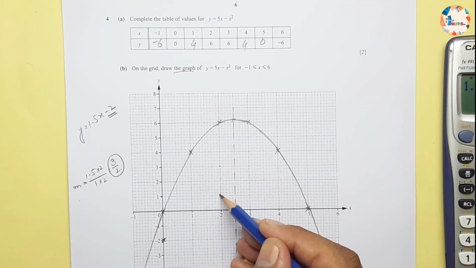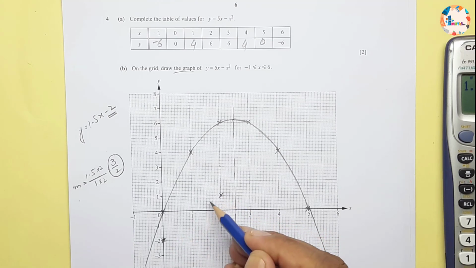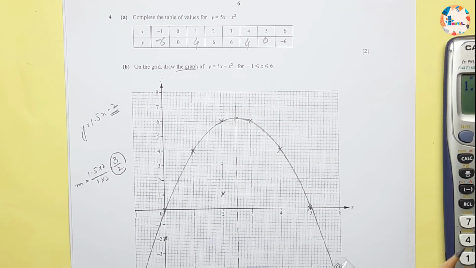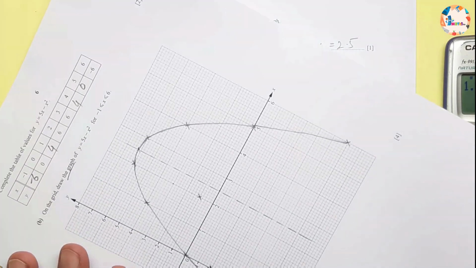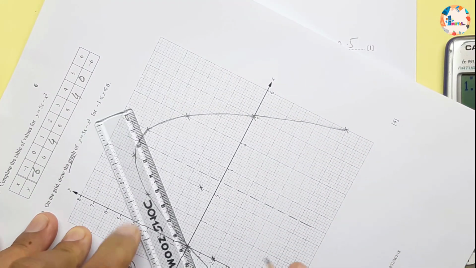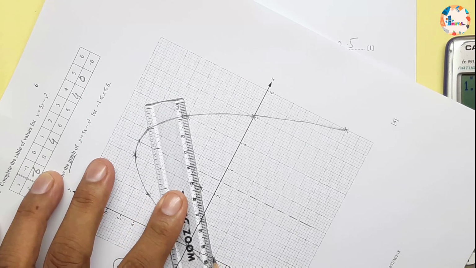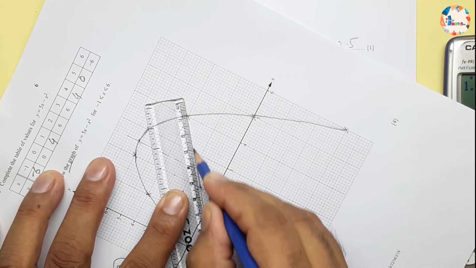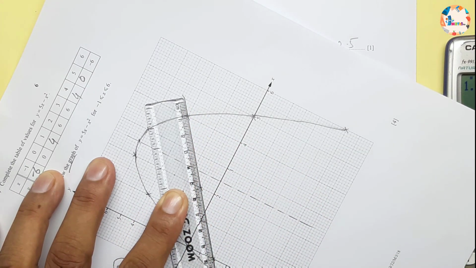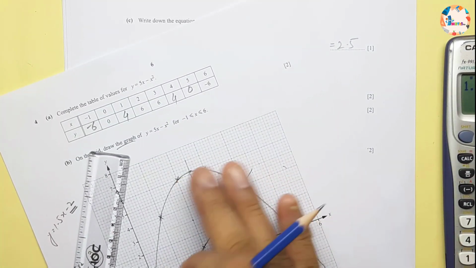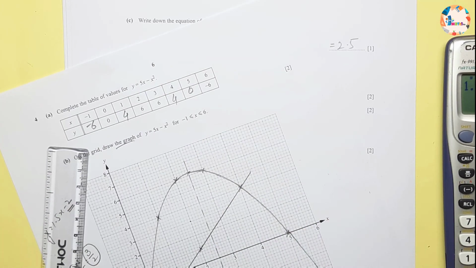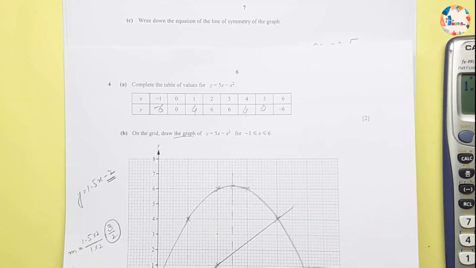So we got this point and this point. Now we'll be joining these 2 points. To join these 2 points, I will be just changing sides. So this one and this one, we can draw this. So this is the line which we have drawn.